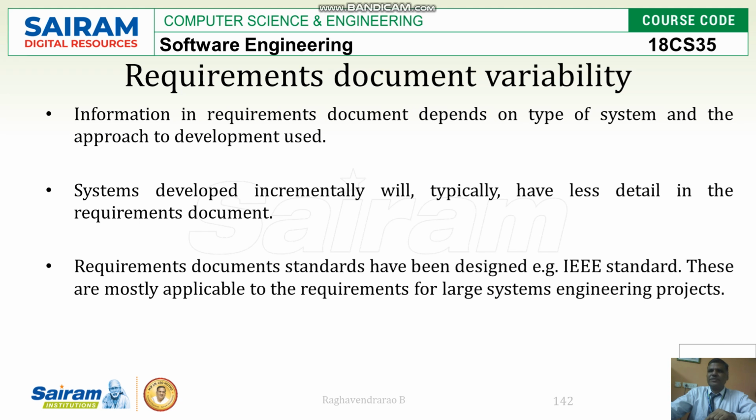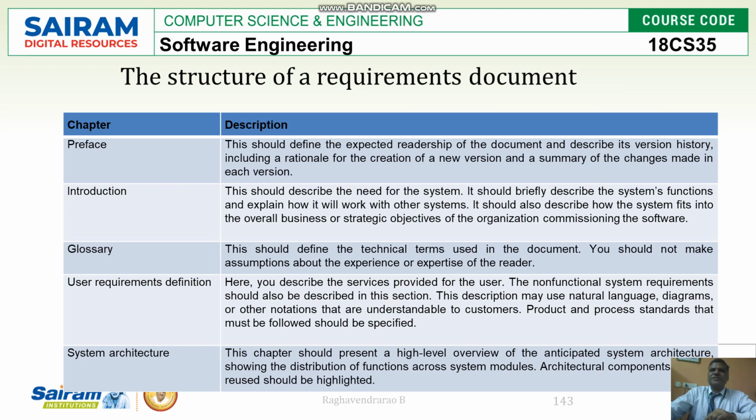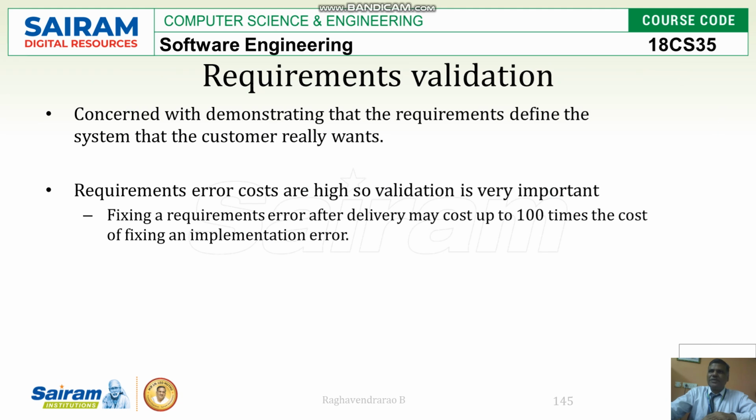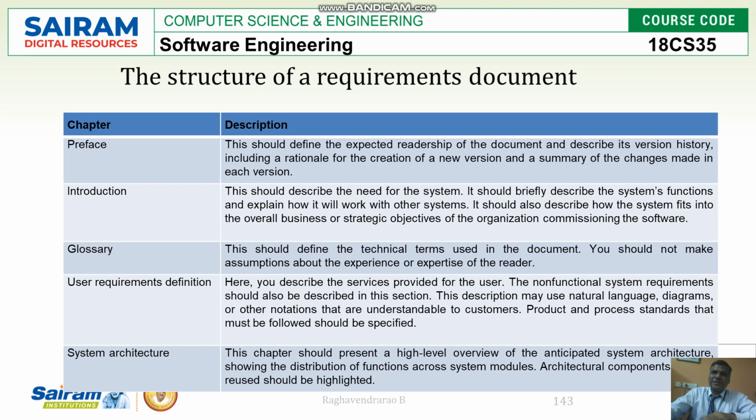These are the preface, introduction, glossary, user requirements definition, system architecture, system requirements specification, system models, system evaluation, appendices, then index. So these are the specifications and requirements from the IEEE format.